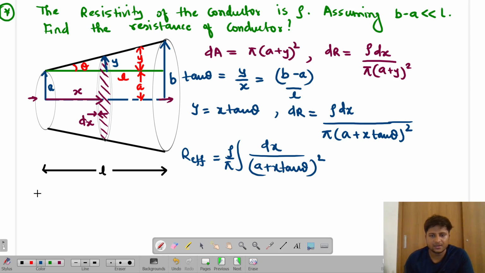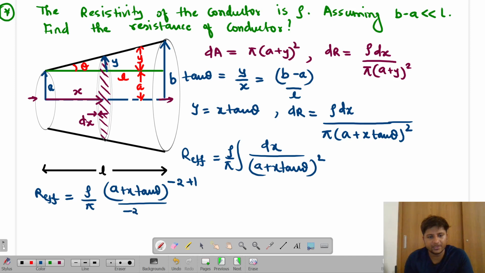So I can write R effective as simple rho by pi, with the power of minus 2 here. So (a plus x tan theta) to the power of minus 2 plus 1, divided by minus 2 plus 1, and divided by the coefficient multiplied with the variable, which is tan theta. And this integration will vary from somewhere to somewhere.